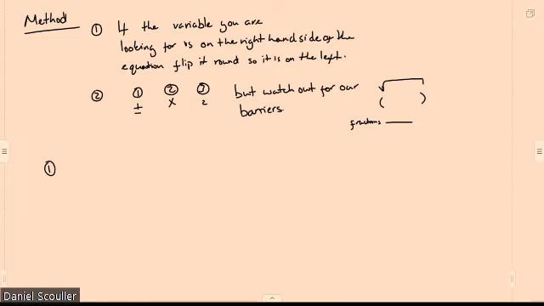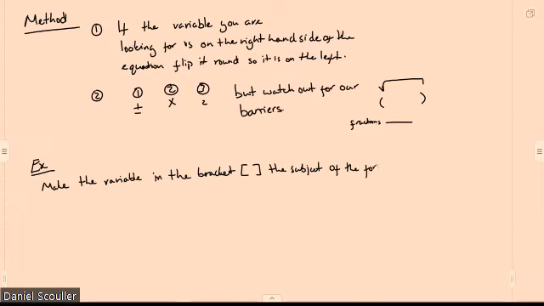Now, the way they'll be written in the exam, the variable in the bracket, the wee square brackets like that, is the subject of the formula. We've seen it plenty of times.